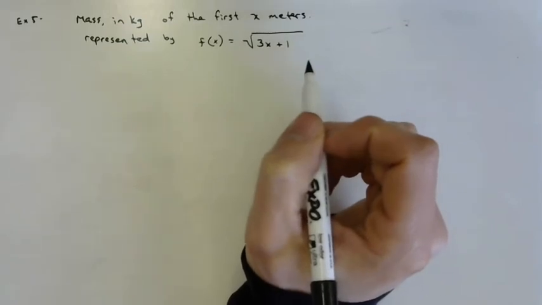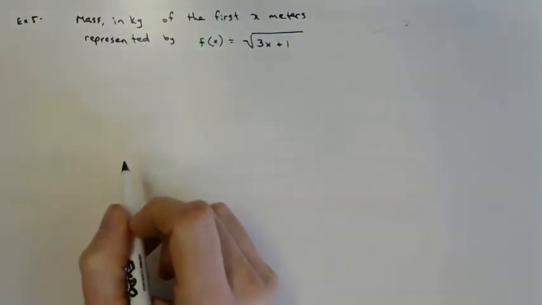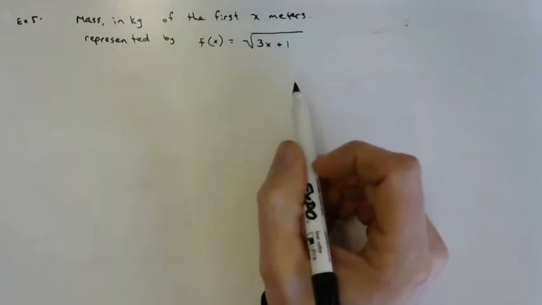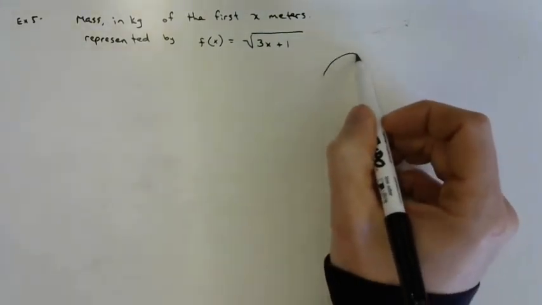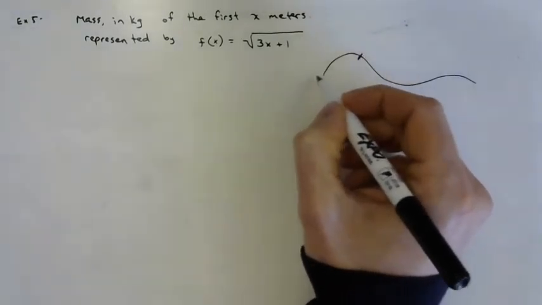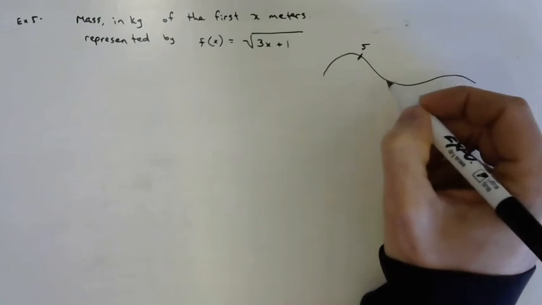And we are going to determine the average linear density of the part of the wire from x equals 5 to x equals 8. So we've got a wire here, and we're going to go from x equals 5 to x equals 8.